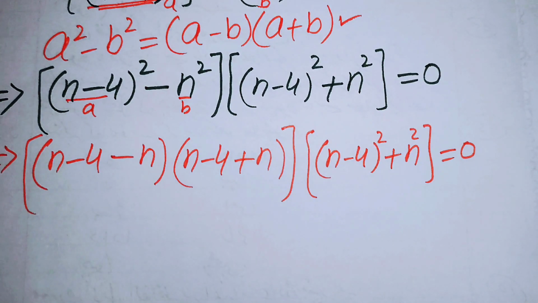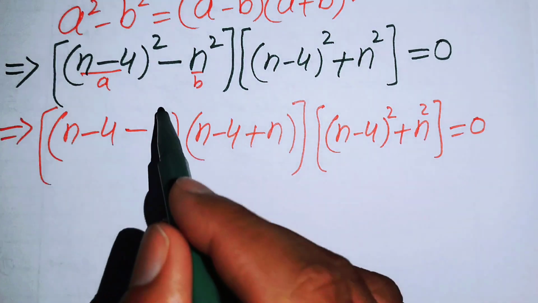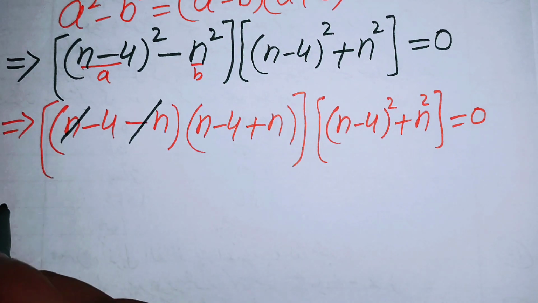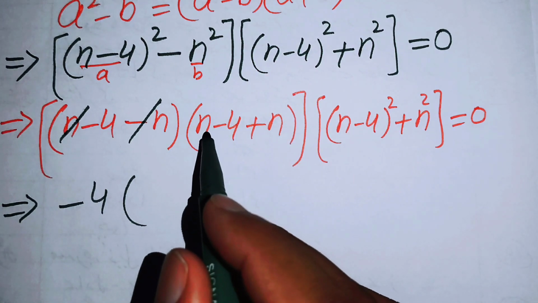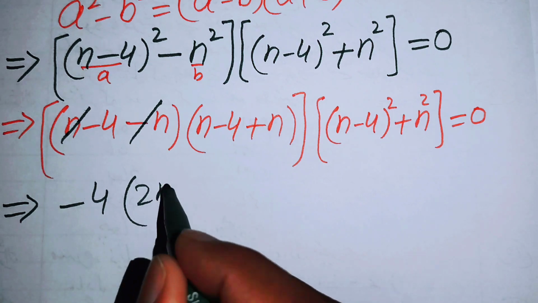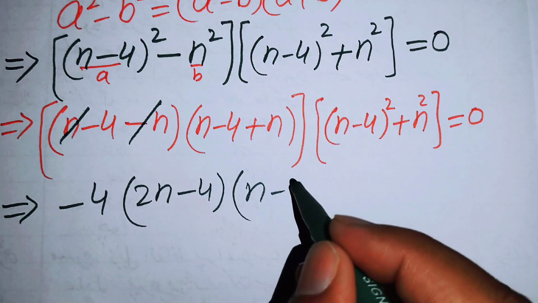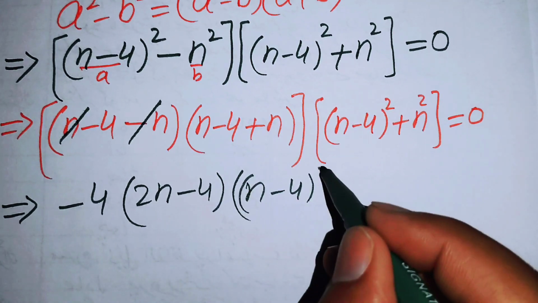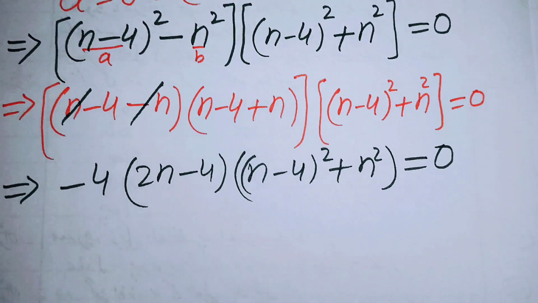Now first I can simplify the terms, and you see that this minus n and n are gone, and here you get minus 4 times, here you have n plus n becomes 2n minus 4, into (n minus 4) squared plus n squared is equal to 0.